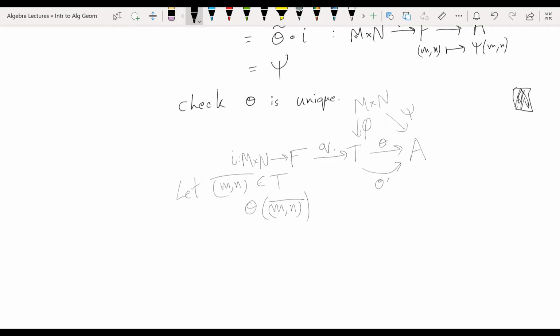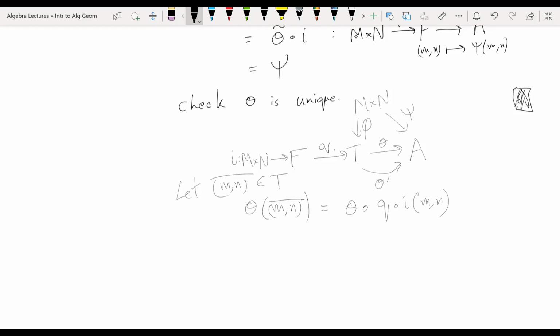These generate T because these generate F and T is a quotient of this. So if we show that theta and theta prime agree on the generating set, then they must be the same. So what is theta of (m, n) bar? By definition, this is theta of q of I of (m, n).